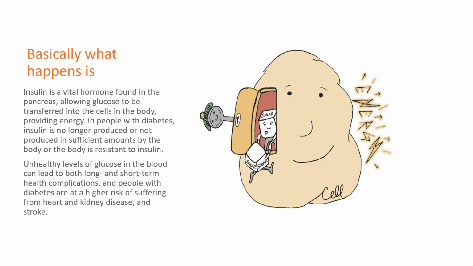In people with diabetes, insulin is no longer produced or not produced in sufficient amounts by the body. The body is resistant to insulin. Now, unhealthy levels of glucose in the blood can lead to both long and short-term health complications, and people with diabetes are at a higher risk of suffering from heart and kidney diseases and stroke also.